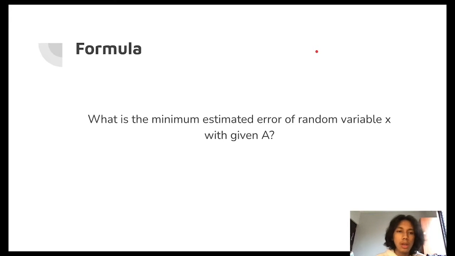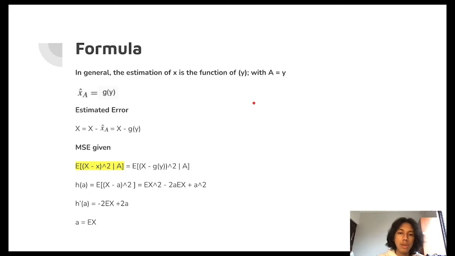So I'm going to pass the next part to my next teammate. Okay, I will be explaining about how we get the formula. Before that, we ask ourselves this question: what is the minimum estimated error of random variable x given A? In general, the estimation of x is the function of y, with A equal to y, and from that we receive x_A is equal to g(y). Moving on to the estimated error of x, which is equal to x minus x_A, and then substitute it and receive x minus g(y).